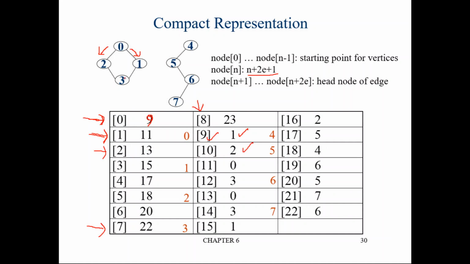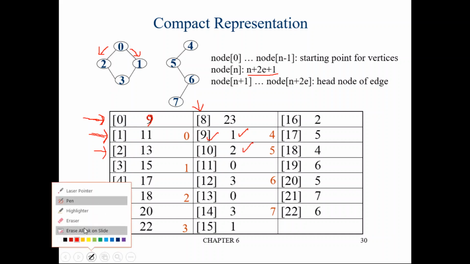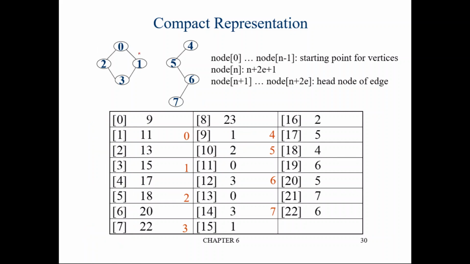Vertex 1 has how many edges? It has again two edges. It has an edge to 0 and an edge to 3. So you can specify either 0, 3 or 3, 0. The edge detail of vertex 1 starts at 11 and goes for 2 locations. So 11 plus 2 is 13. That will go into vertex 2.